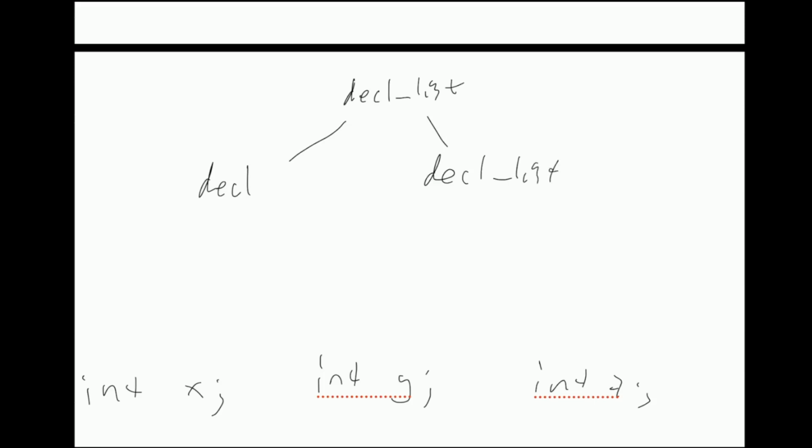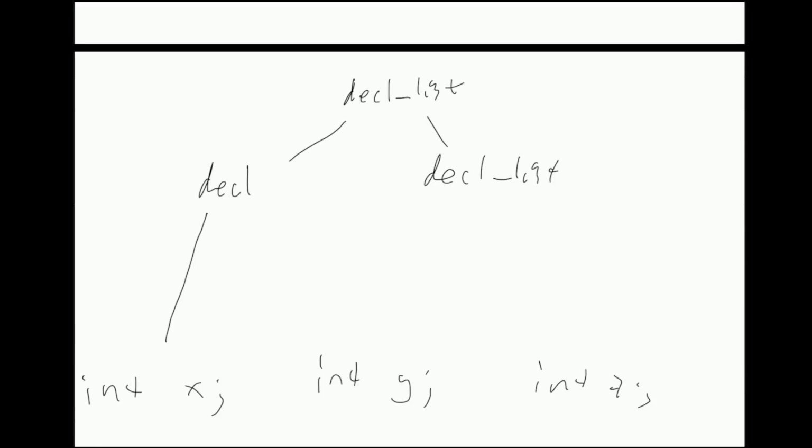And so we can capture a record of how the input matches the grammar with this tree. On the left-hand side, we have a declaration, and declaration is type identifier semicolon, so that'll match this first declaration that we have. But what about this declaration list on the right-hand side?